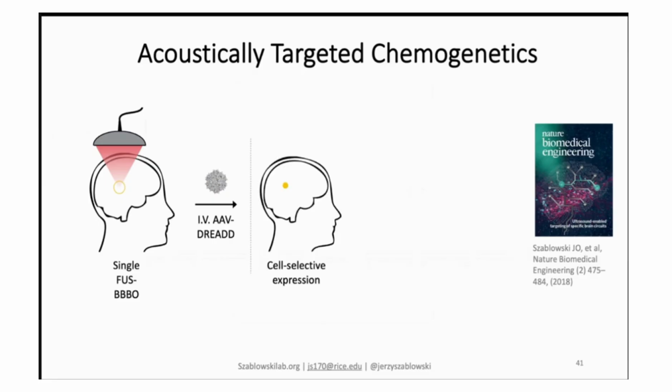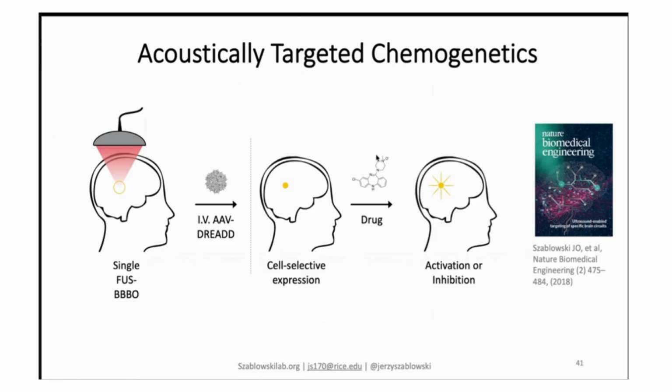And in that specific part of the brain where gene therapy is being expressed, there's expression of a receptor that responds to a synthetic drug. That synthetic drug is kind of special because it has no side effects. It essentially just binds to the receptors that have the gene therapy and nowhere else, which means that a simple drug administration after gene therapy has happened allows you to control the neuronal activity in precisely the spot that you target.